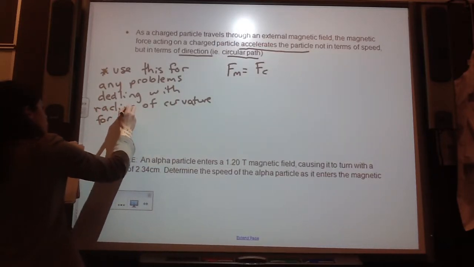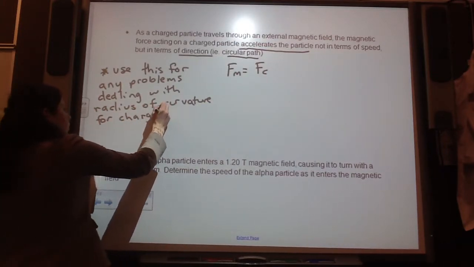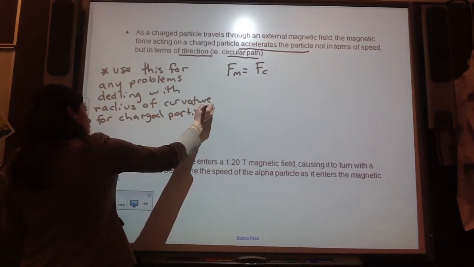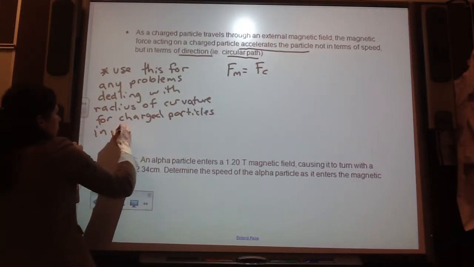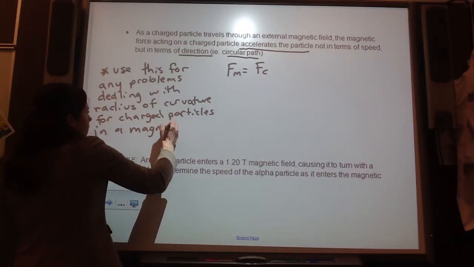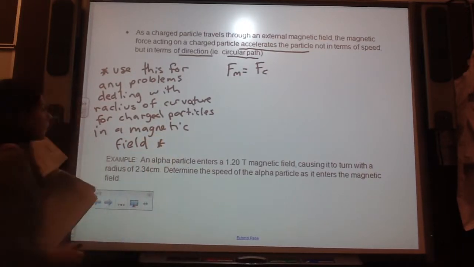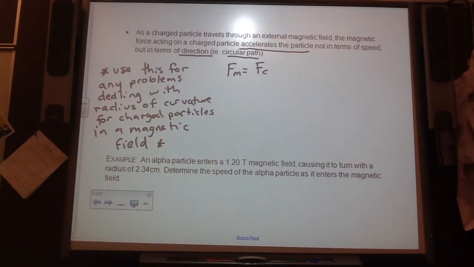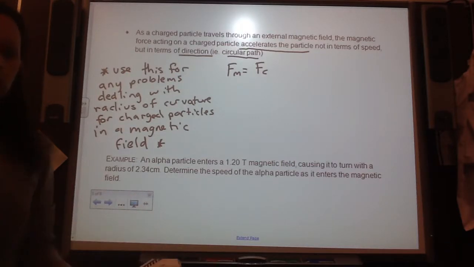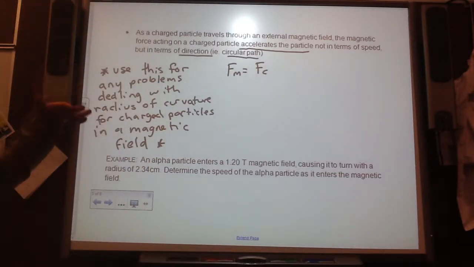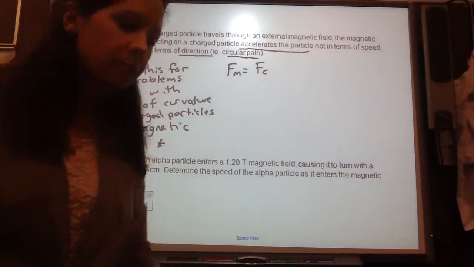For charged particles in a magnetic field. So that's where we can make the assumption. If you have a charged particle in a magnetic field and you're given information about that centripetal or circular motion, now we can expand our Fm, we can expand our Fc, and develop new equations from that.